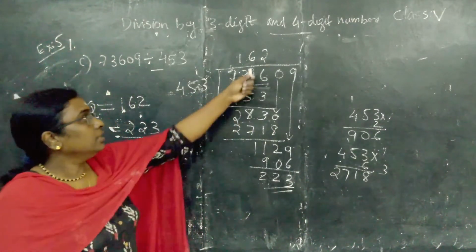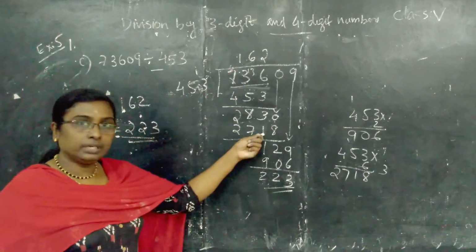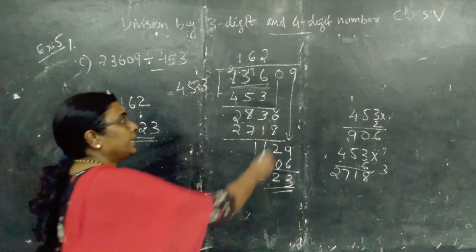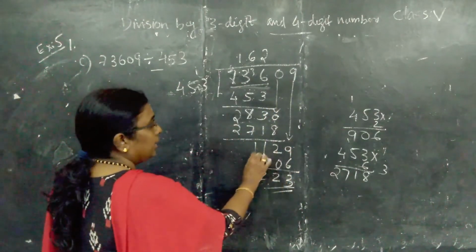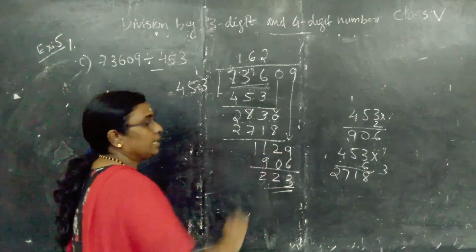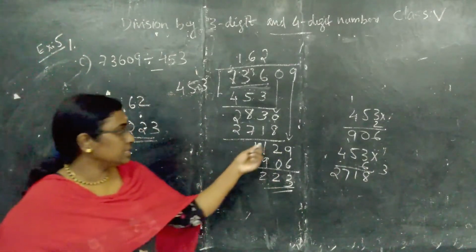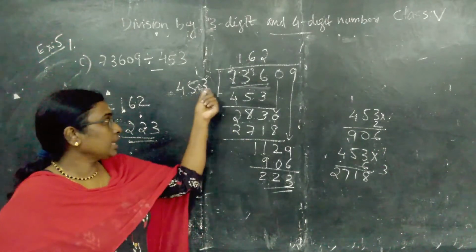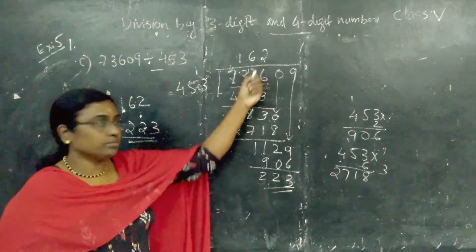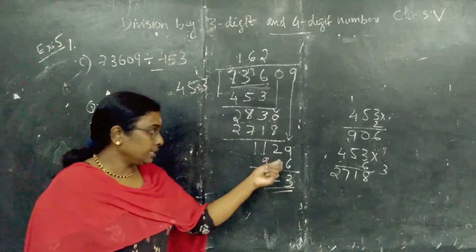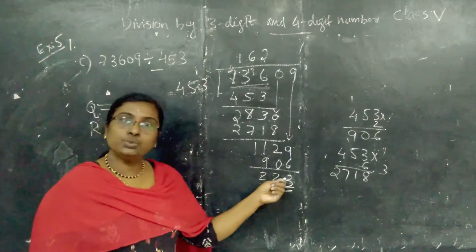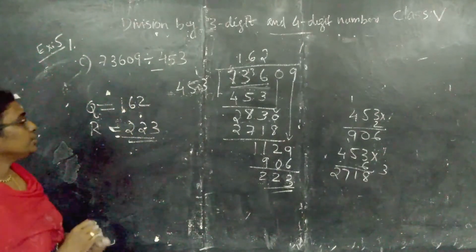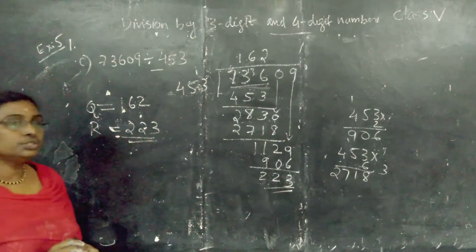How many times? 6 times. Then subtract. The remainder is 112. Then write down the last digit here. Now the dividend becomes 1129. Now divide this dividend by 453. How many times? 2 times. We get 906. Then subtract. The remainder is 223. So quotient equals 162 and remainder equals 223. Okay.